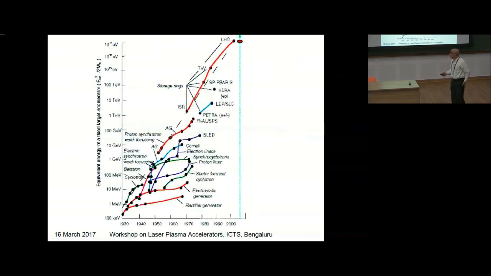So this is the Livingston plot. The guy called Livingston plotted this around 1970 or so. Again, Livingston was Lawrence's student. This is the whole cycle of the Lawrence lineage.